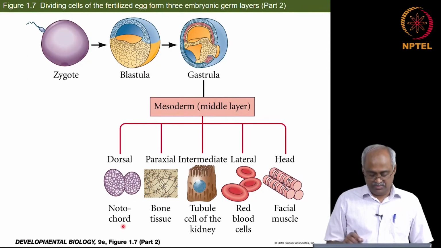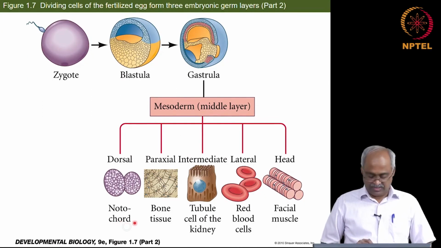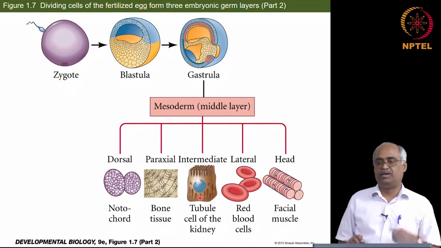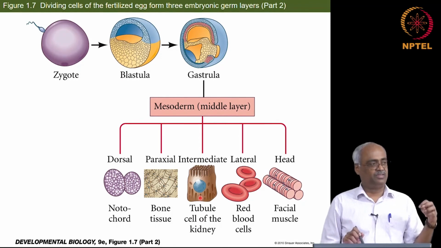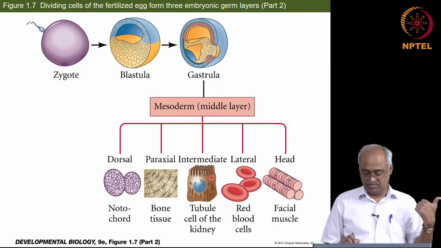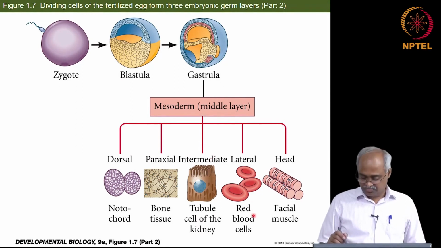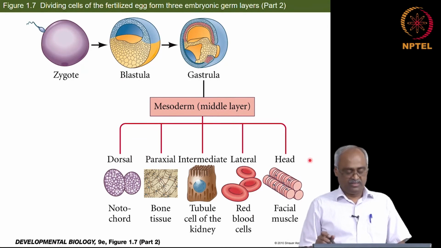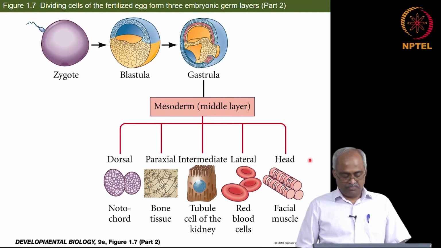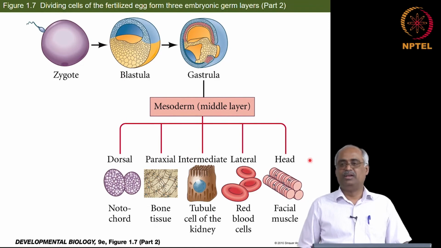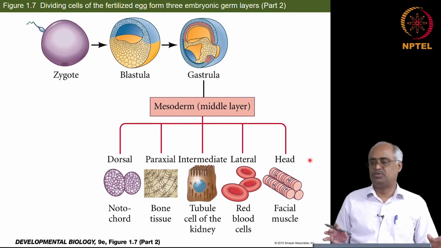Then mesoderm gives rise to notochord, we already saw that, then bone tissue, then tubules of kidney. Unlike the tubules of the lungs or intestine, tubules of kidney come from mesoderm, the other two that I mentioned are from endoderm. Also red blood cells, muscles, etc. So, the very precise details you need not remember, but you should know what is ectoderm, mesoderm, endoderm, and loosely what structures come from them.